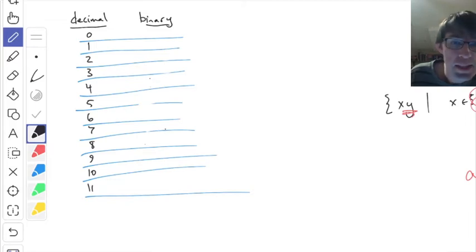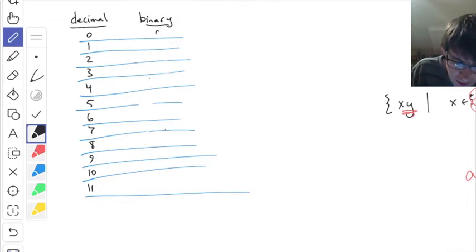Decimal means base 10. We have a separate digit written for every value 0 through 9, but when you get to 10, 10 does not have its own digit. You carry over to the next position. Binary is just like that, only the base is 2, which means we have digits for 0 and 1. But once we get to 2, we carry over, so in binary you do a lot of carries.